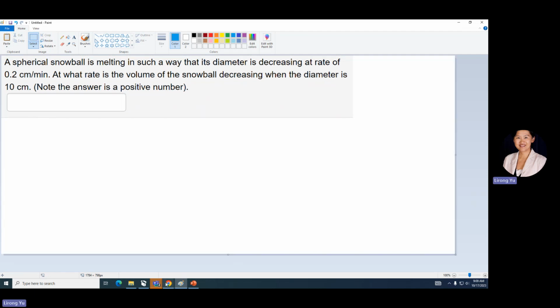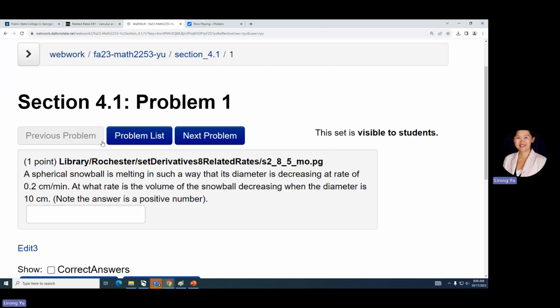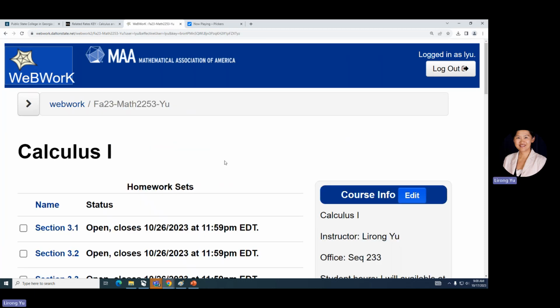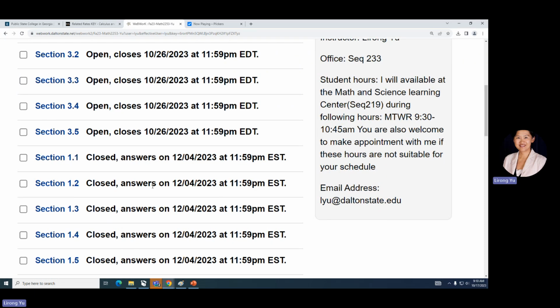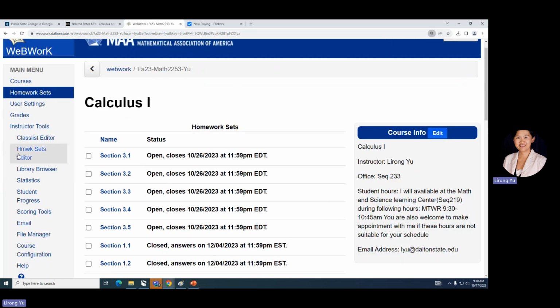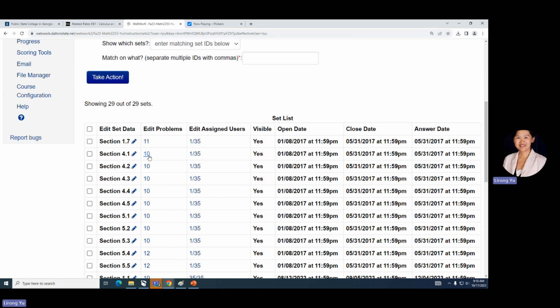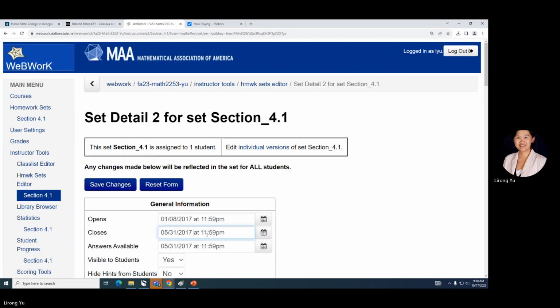If you want to try your version of it, maybe I should assign it first and really change the dates. Try to make sure it's available on your side instead of just on my side.